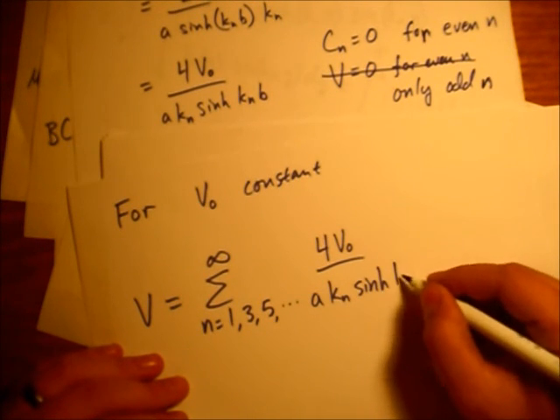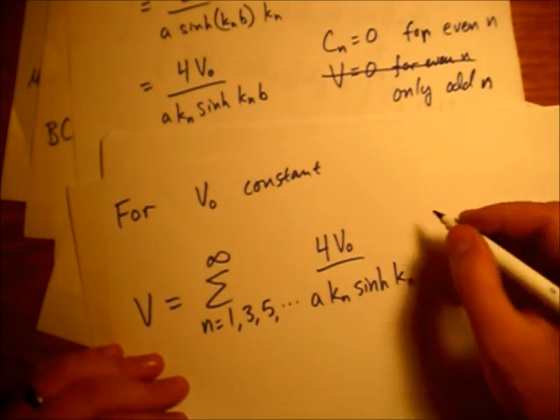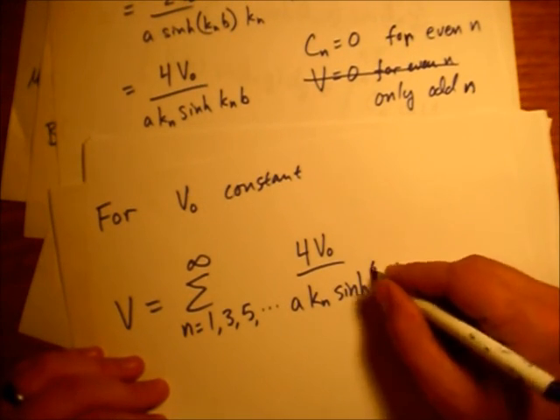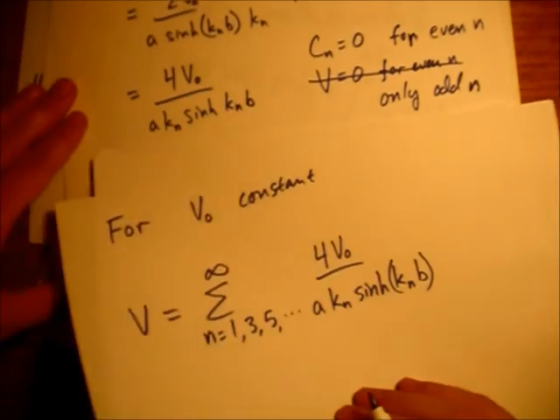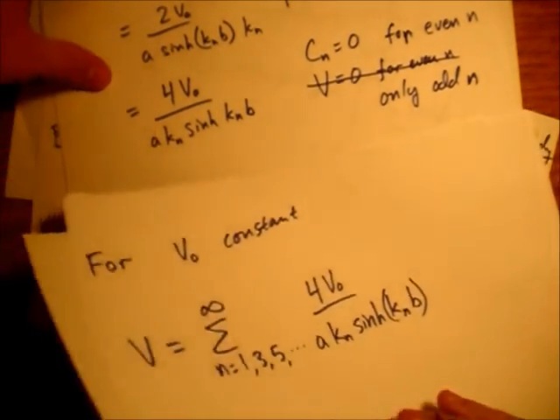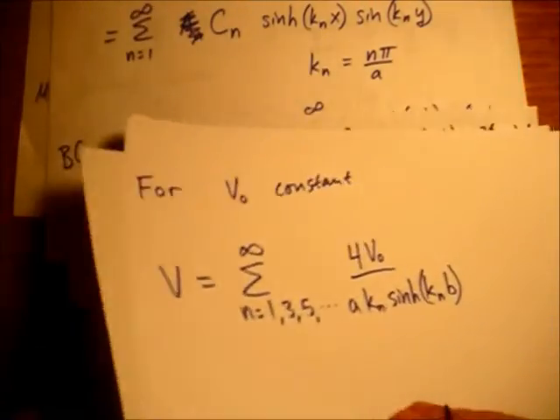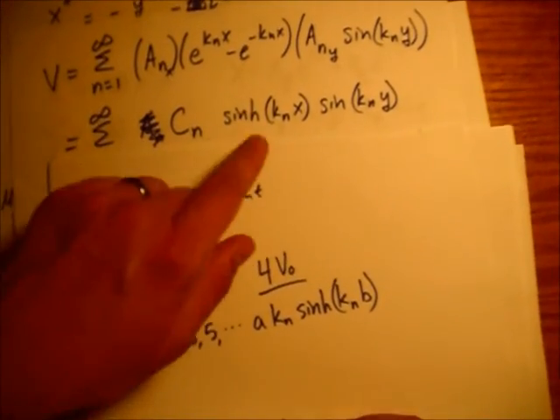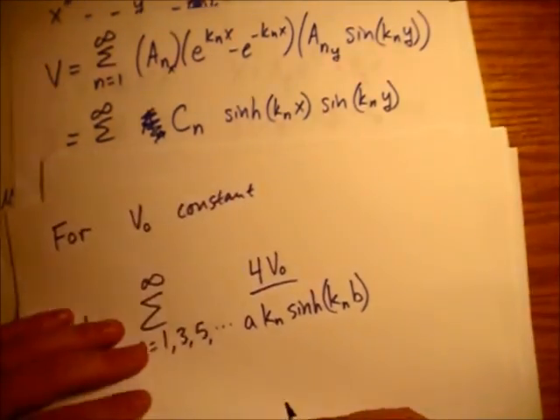I'm lazy, which is why we just went through 15 pages or something of algebra and calculus and stuff. So this Cn, right, we're plugging that in. Okay, now we just multiply by these.